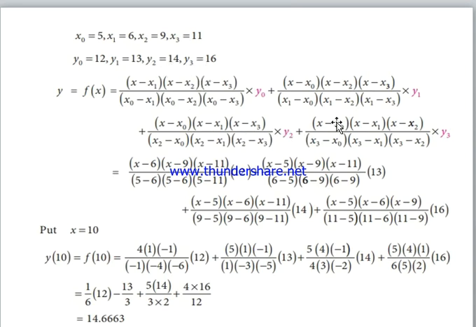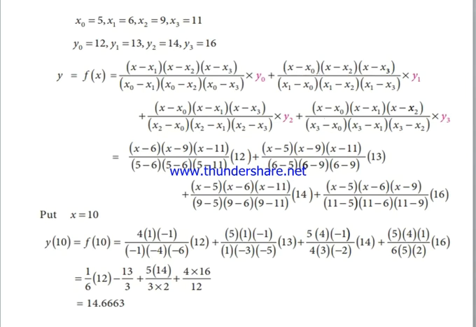Simply we can write the formula for Lagrange's and substitute the values. Here we have to take up to y3, which means four terms we have to consider in the formula. So y is equal to f of x is equal to x minus x1, x minus x2, x minus x3 by x0 minus x1 into x0 minus x2 into x0 minus x3 into y0, and the second term x minus x0, x minus x2, x minus x3 by x1 minus x0 into x1 minus x2 into x1 minus x3 into y1.